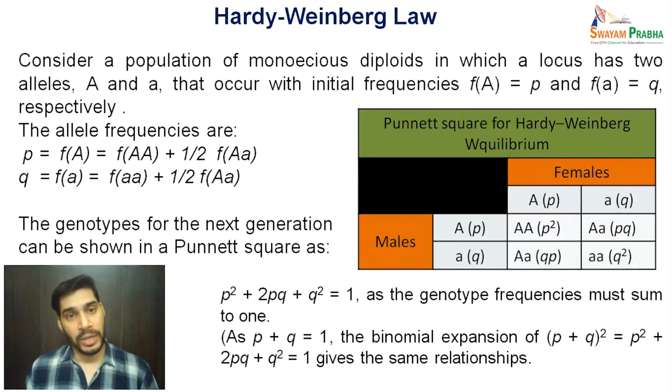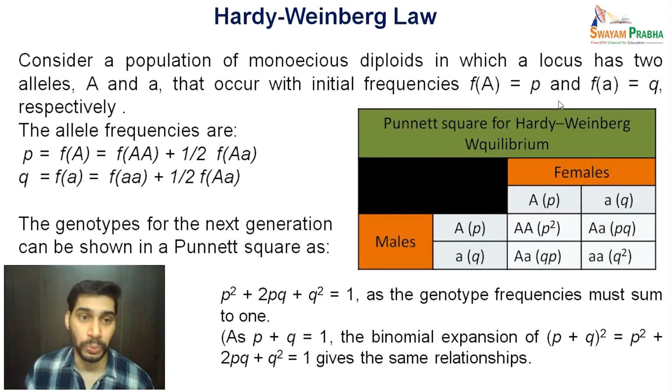Consider a population of monoecious diploids in which a locus has two alleles, A and a, in the dominant and recessive forms, that occur with the initial frequencies p and q. So the allelic frequencies will be like this, as we just discussed previously. The same can be represented here with the Punnett square. This is the male, this is the female. These are the two alleles, dominant and recessive, represented by p and q. Same is the case with the female.